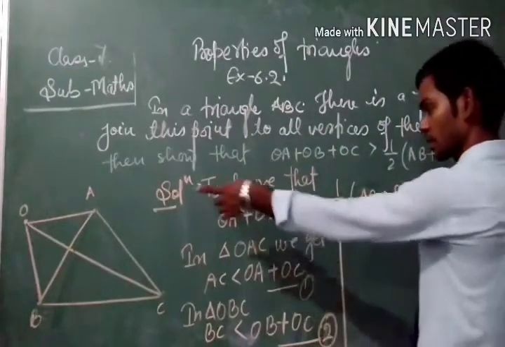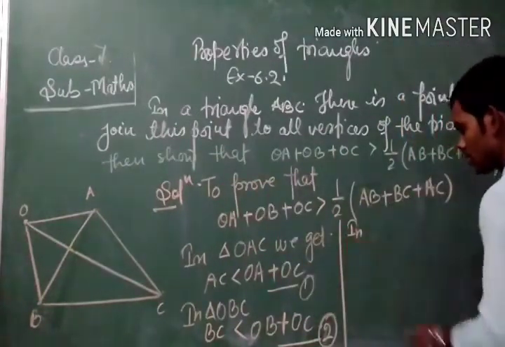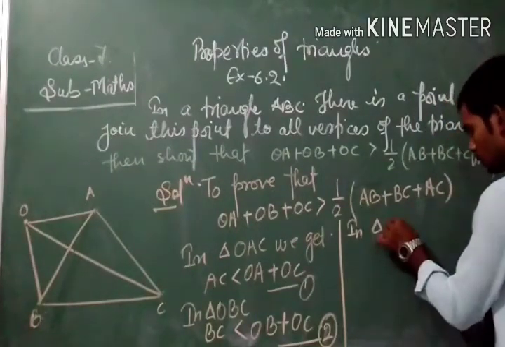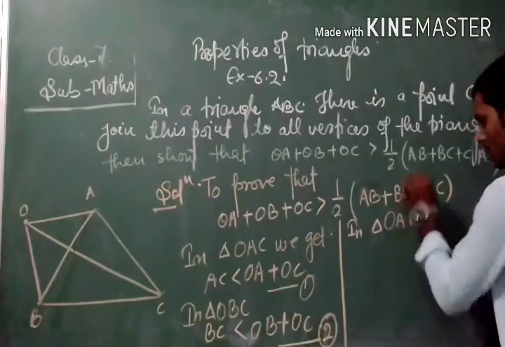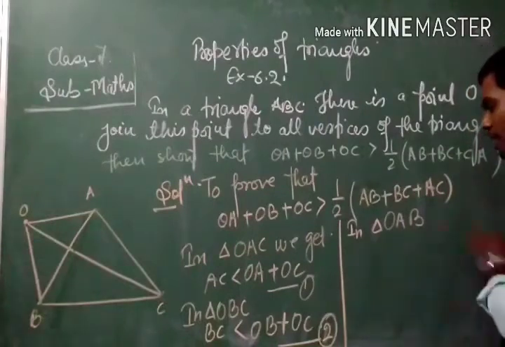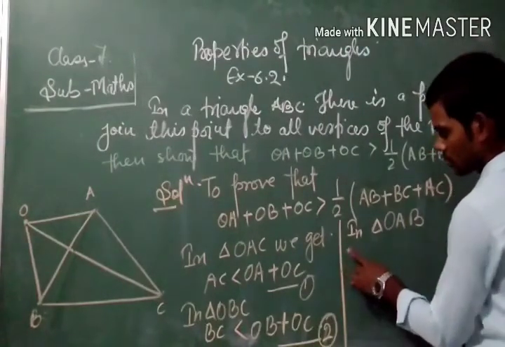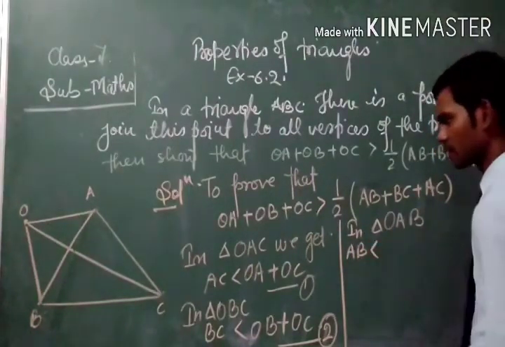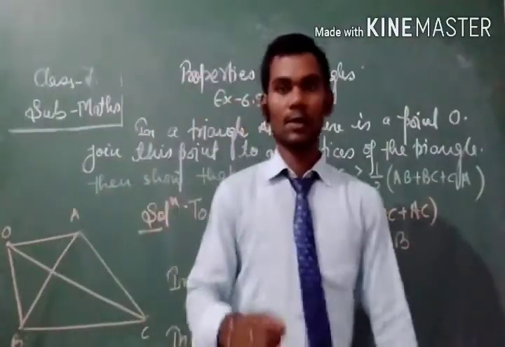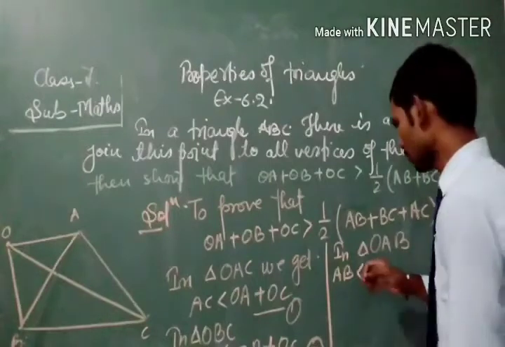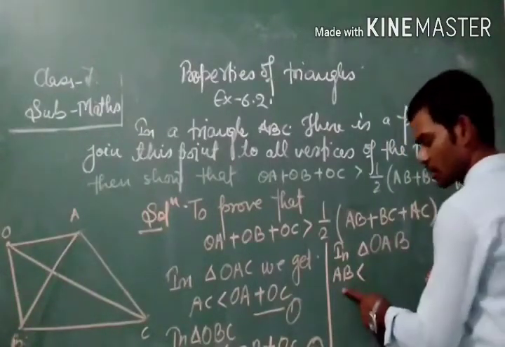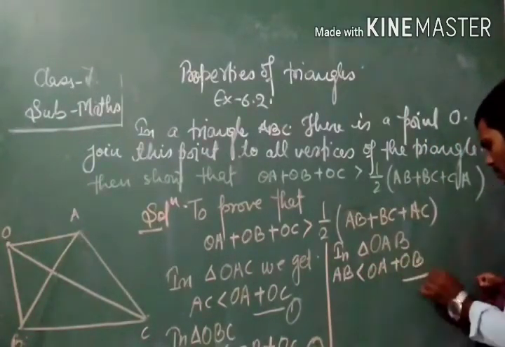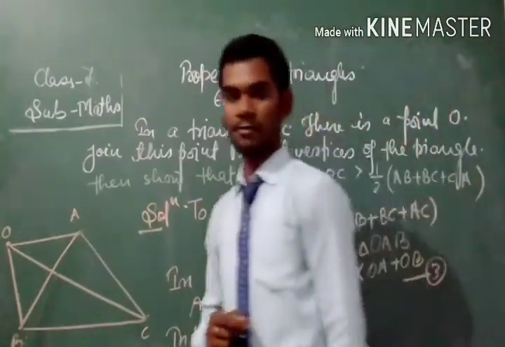Now let us see the third triangle. In the triangle OAB, we get AB is less than OA plus OB. This is condition 3.